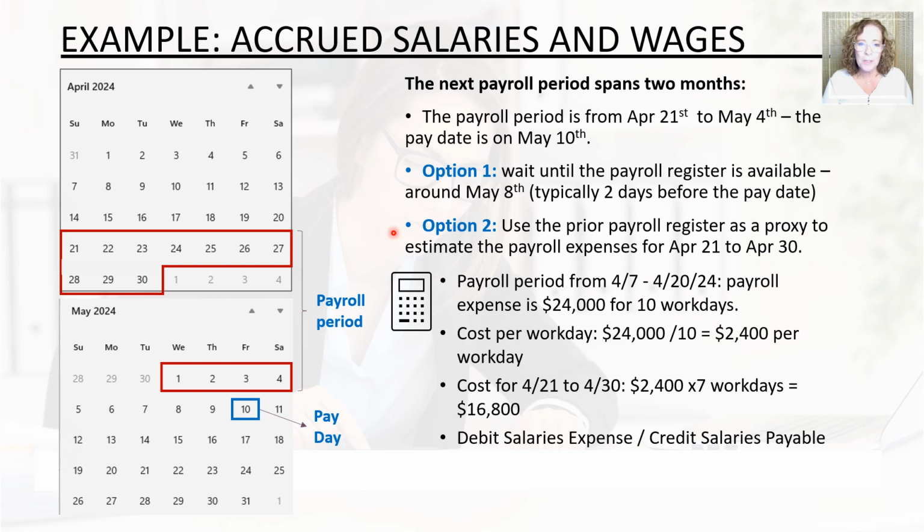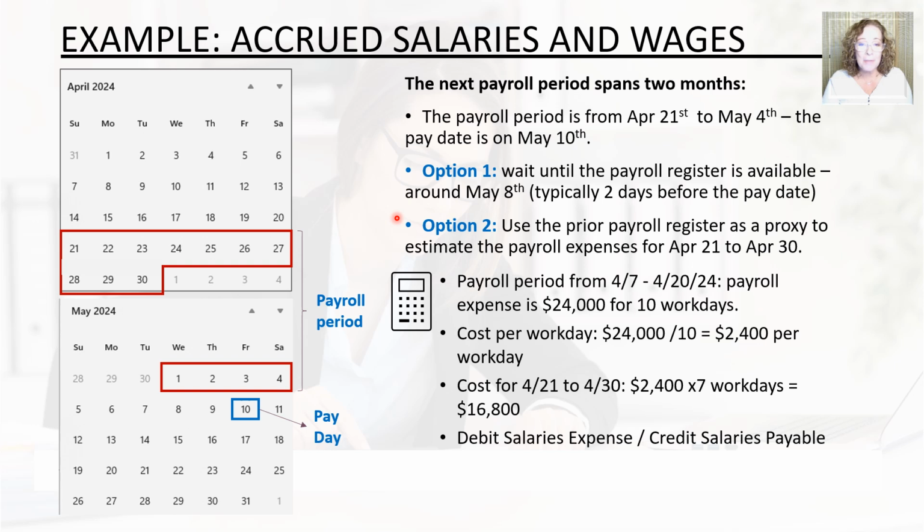Option 2 would consist of you estimating the amount based on the prior payroll, if the next payroll period is expected to be about the same amount as the prior payroll period. So how exactly would you do that?